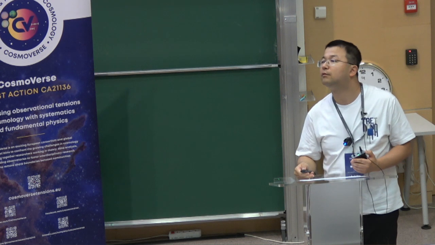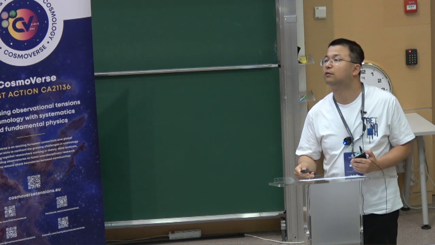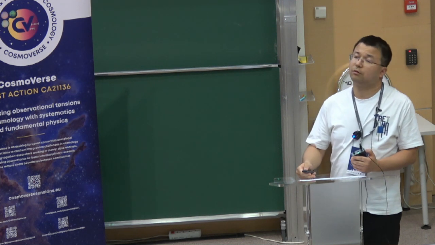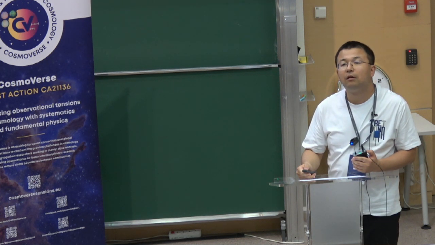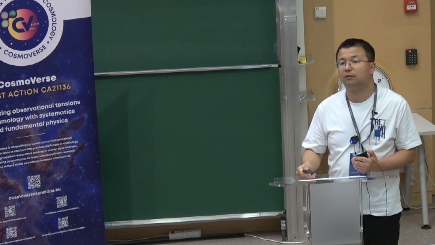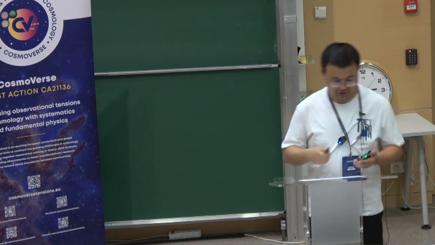If you take a linear step size in the log space, then it's similar to what. Okay, I will test that. Okay, thank you. So I think this result might come from this. If you use linear rather than log, then you might get this result. Yeah, okay. So let's thank the speaker again.